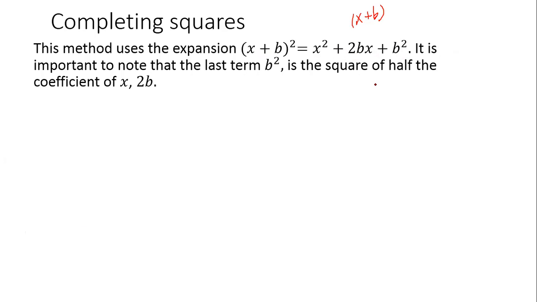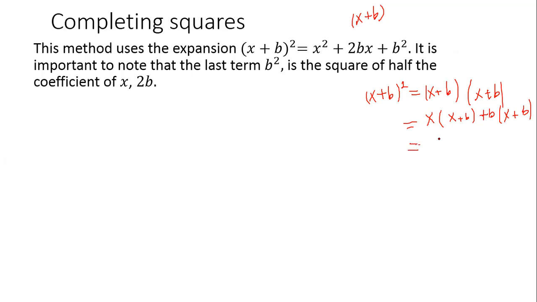so x plus b, let me write it here, x plus b squared is the same as x plus b into x plus b. So here we get x and multiply by the whole of the second bracket, and then plus b multiplied still by the second bracket.